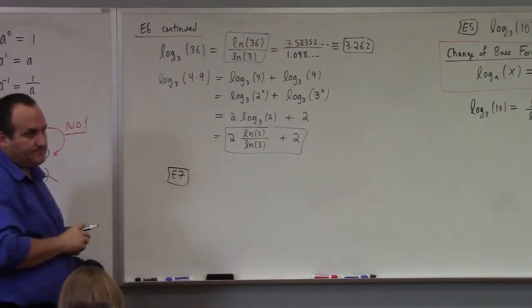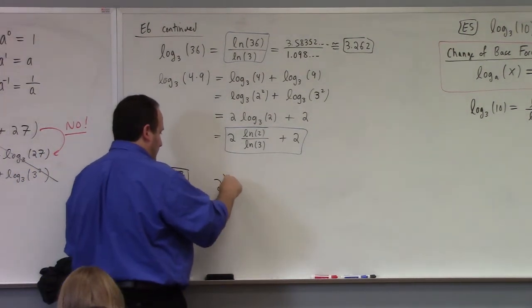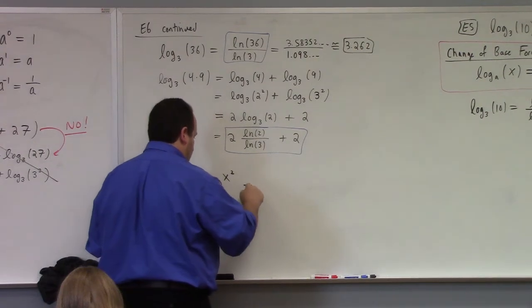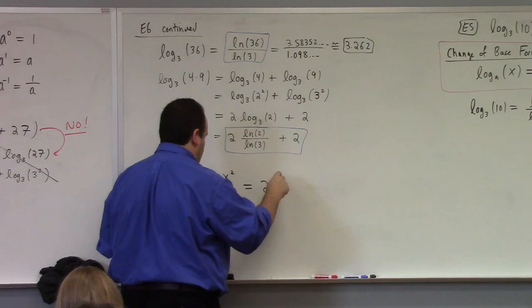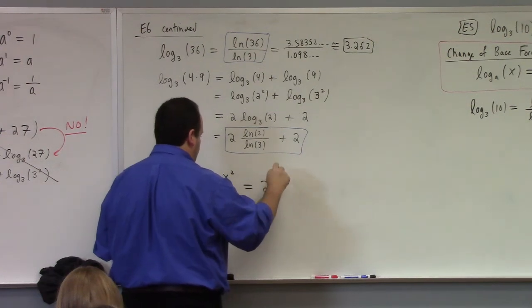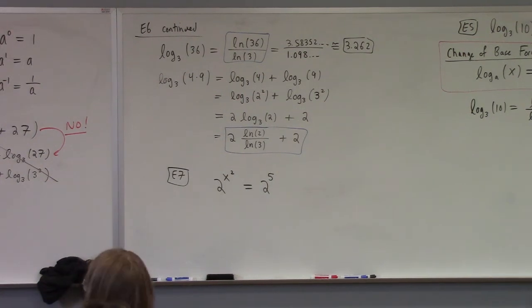How about we want to solve 2 to the x squared equals 2 to the 5. How would you solve such an equation? There are various ways of going about it. One way would be, by the one-to-one property of the exponential function with base 2, we can see that x squared equals 5.